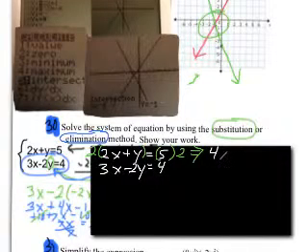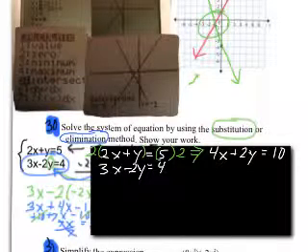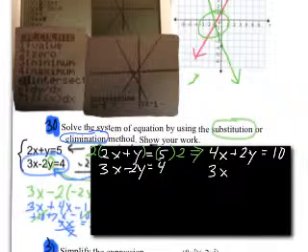So 2 times 2x gives me 4x, and 2 times y gives me 2y, and then on the other side 2 times 5 will give me 10. So now I have 4x plus 2y equals 10. Now I'm just going to write the other one right underneath just the same way, but minus 2y equals 4.